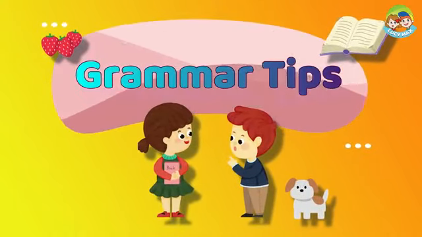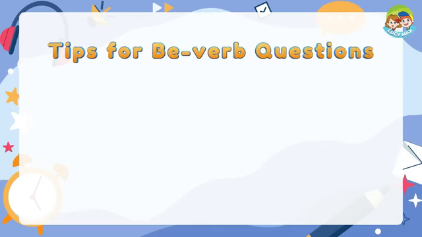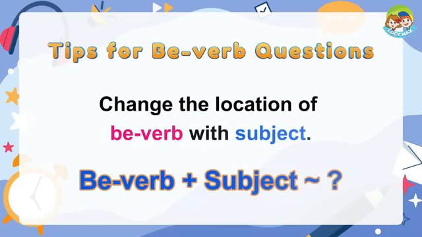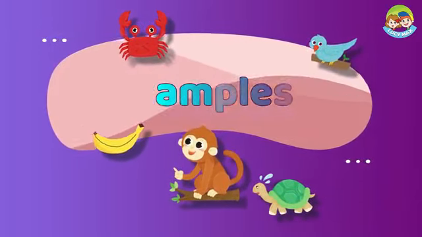Grammar tips. Tips for be verb questions. The form: you change the location of the be verb with the subject. Examples.